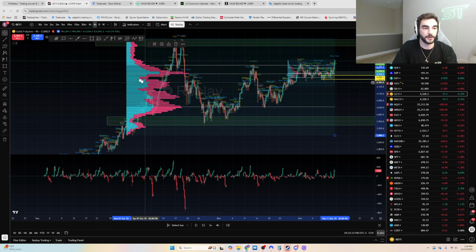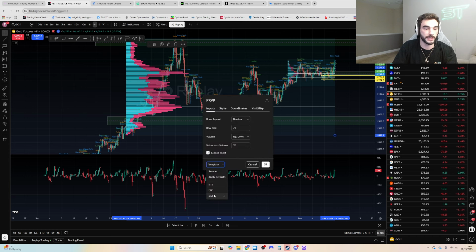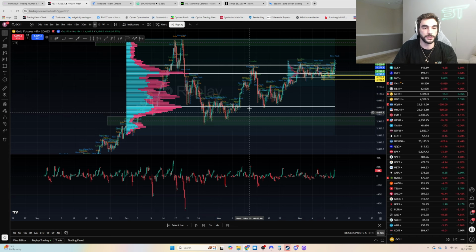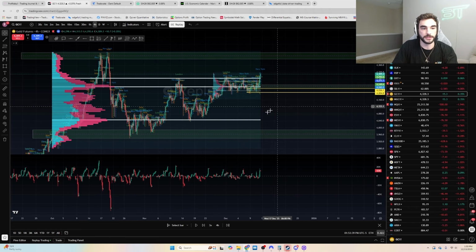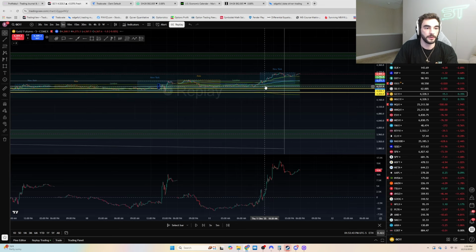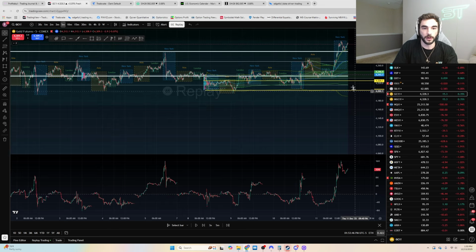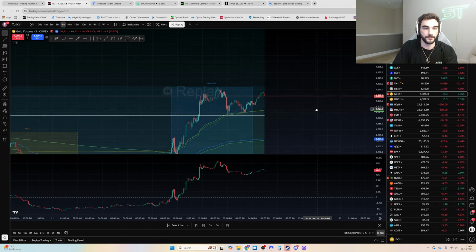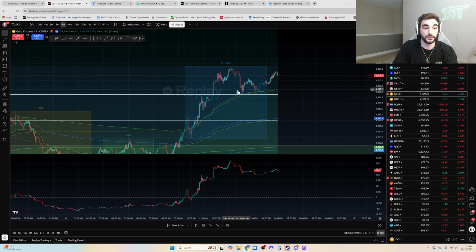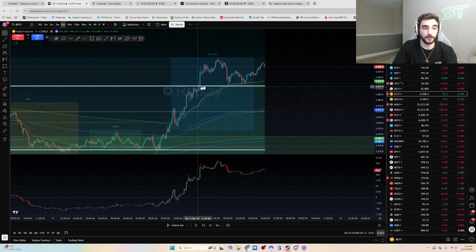So if I draw this high time frame volume profile out, what do I notice? Okay, what information is relevant to me? This is the context part. If I'm looking at this, well, we are above this value area high. In New York session, we bounced out of this twice. So we came down, bounced out of it twice, very cleanly.